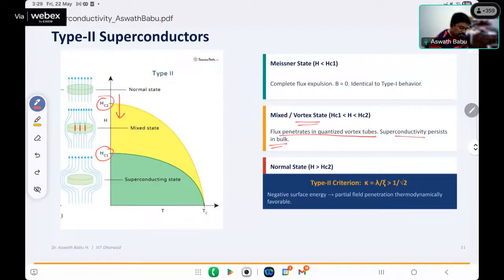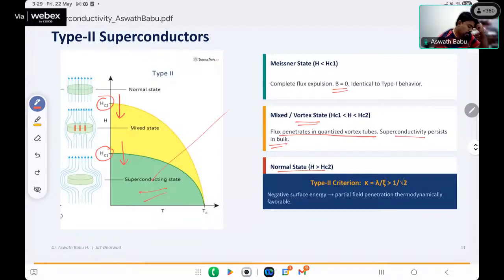What a vortex is, we'll see in the next slide. Once the complete superconductivity is switched on, HC2 is the normal side and HC1 is going completely from top to bottom. In between HC1 and HC2 we have the mixed state, and below HC1 we have a very good superconducting state, where we see no magnetic field lines.